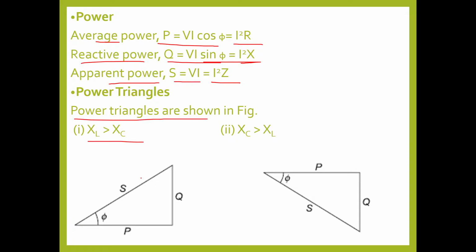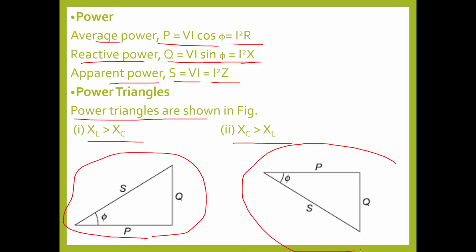When XL is greater than XC, this is the power triangle. Okay, and when XC is greater than XL, this is the power triangle. So Q will be in the positive imaginary axis for XL greater than XC. Q will be in the negative imaginary axis when XC is greater than XL. You just see the arrow marks. That is it. Okay.